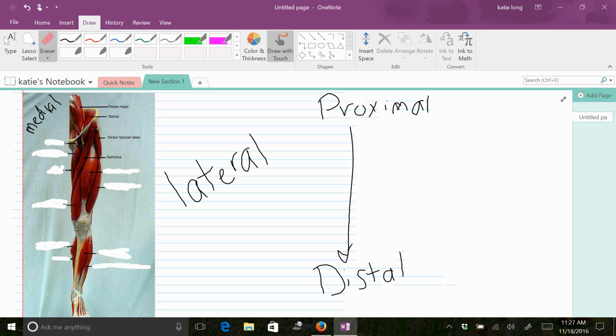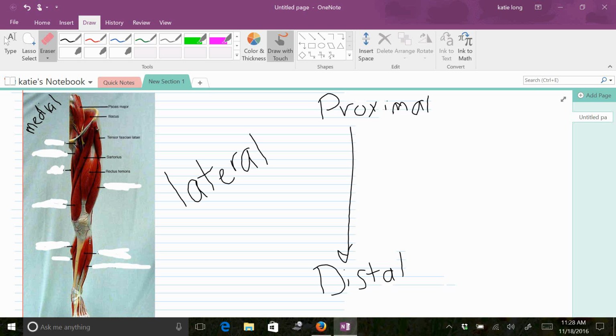So the next muscle is the longest muscle in your entire body. It's the sartorius. Lateral to the sartorius is the rectus femoris. Rectus is referring to a straight muscle, and femoris is referring to the femur.